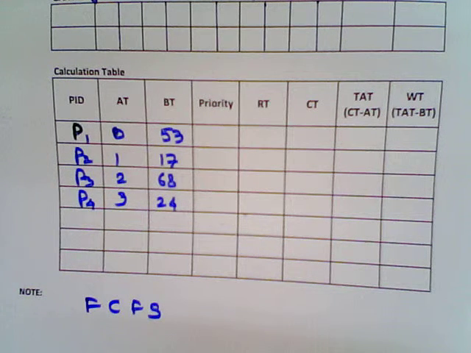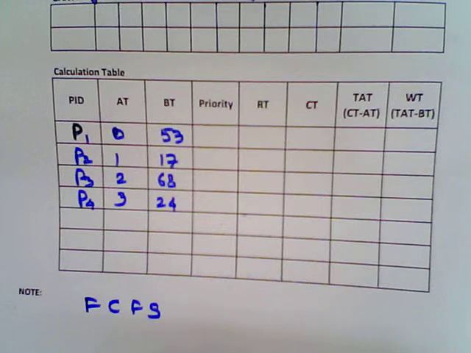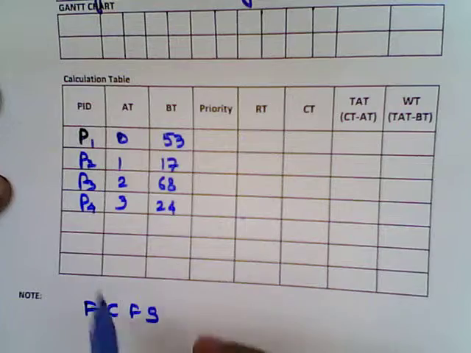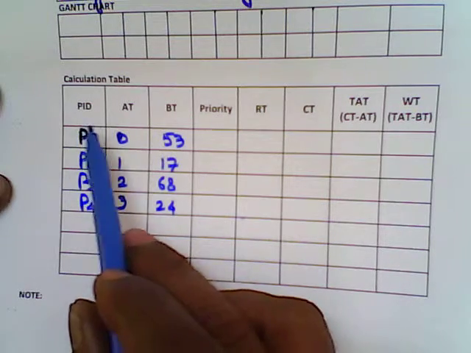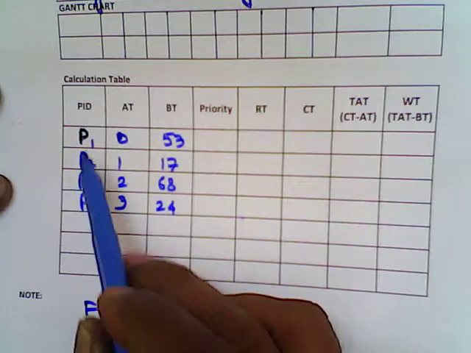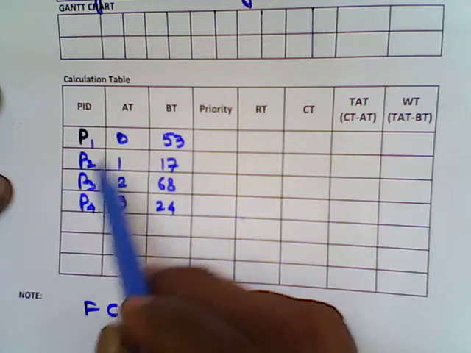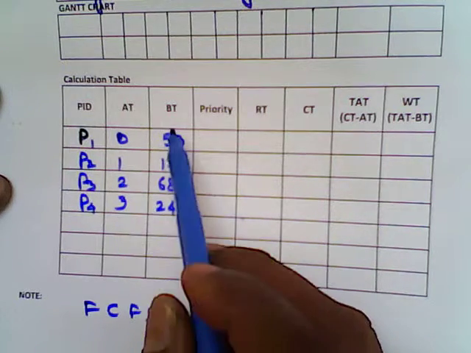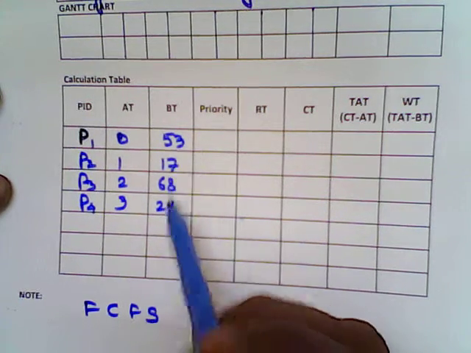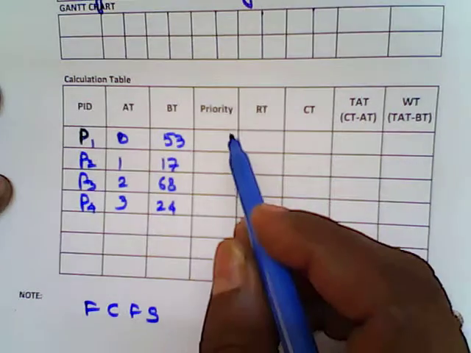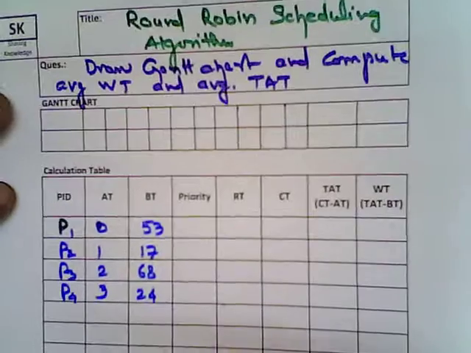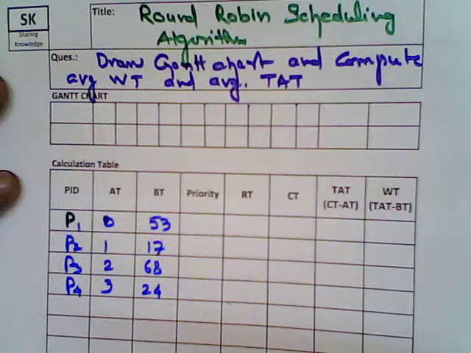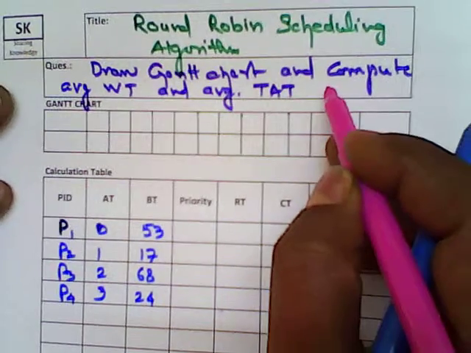Here we will discuss one of the numerical problems given in the table as PIDs. That is, 4 processes are shown, with arrival time and execution time, that is burst time, given. Such a scheduling algorithm has one more important component: normally along with the question paper they will give a time quantum.